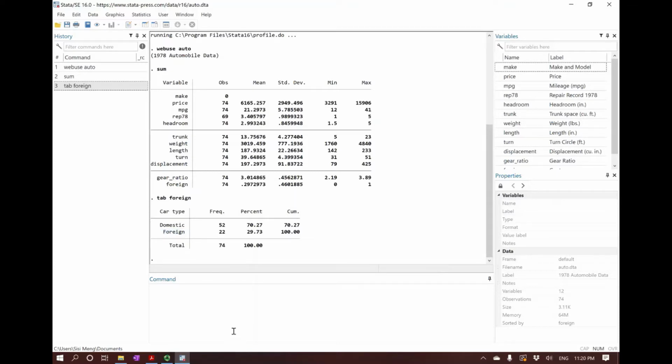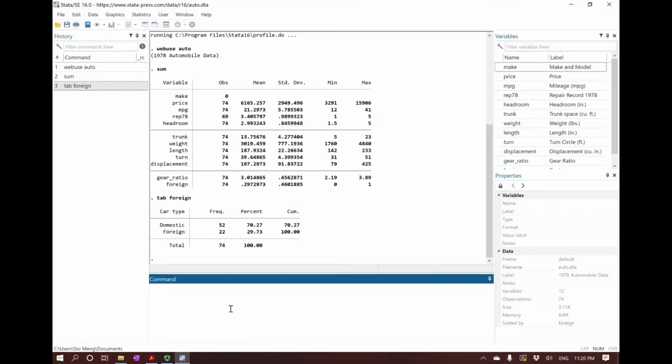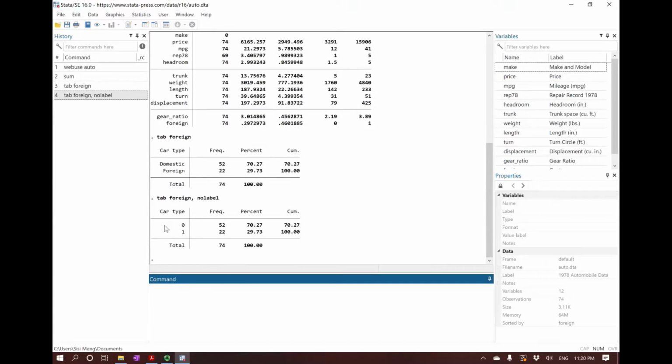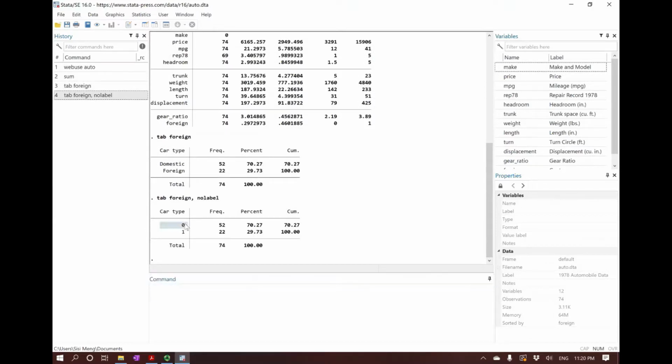And because it's already encoded with numerical values, you can also use tab foreign with an option called nolabel. If you do that, you can directly see that 0 is associated with the category domestic, and 1 is associated with the category foreign. So you can directly understand what numerical values have been assigned to each category.